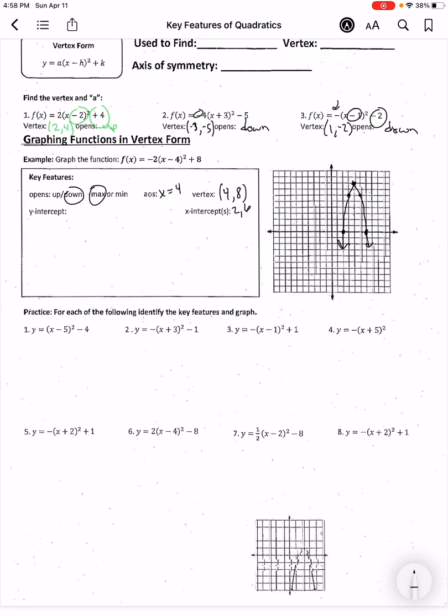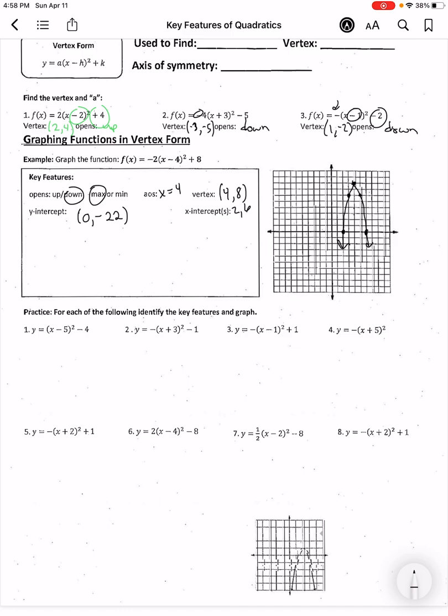And then we would have to go a long way to get down to our y-intercept. It actually goes beyond what we can get to, but in the graph we would see that it's at 0, negative 22.